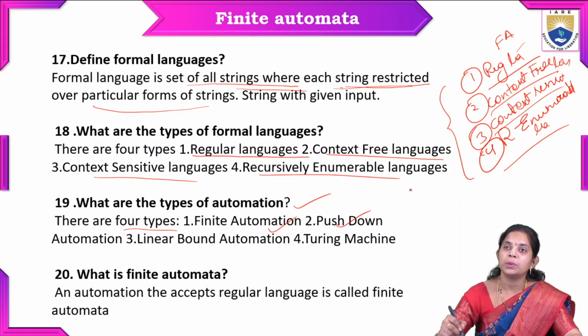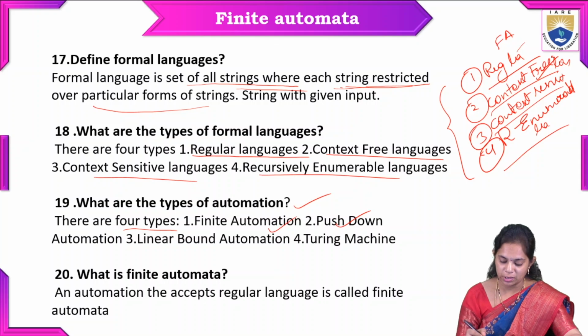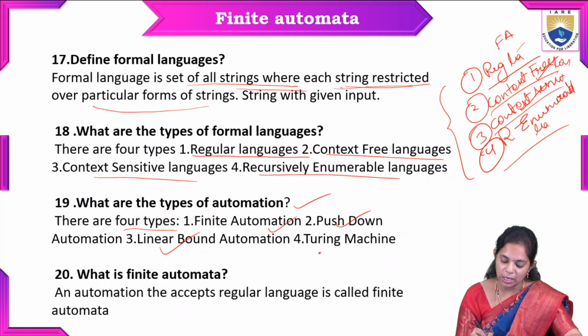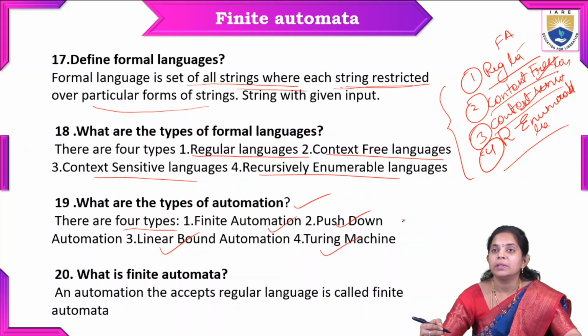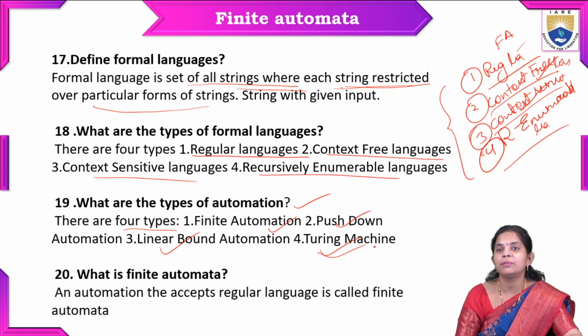Push down automata, we construct with context free languages. Linearly bound automata, we construct with context sensitive languages. And Turing machines, we construct with recursive enumerable languages. So these are the four types of automata.